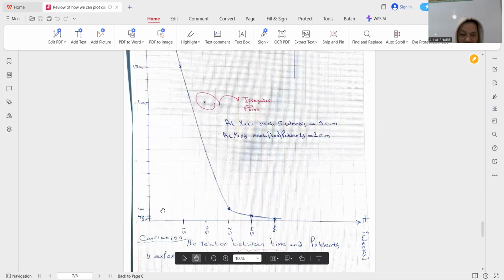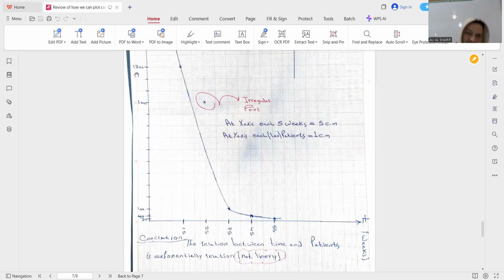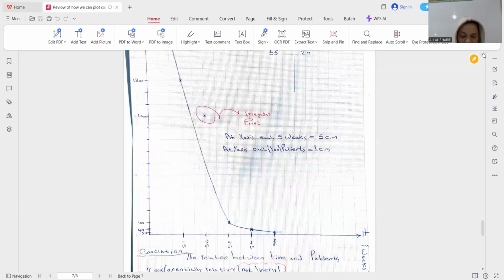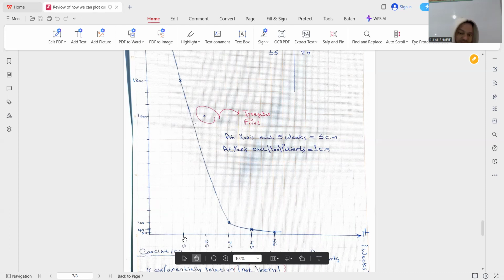Here, every 1 centimeter was equal to 100 patients. By that, 13 centimeters equal 1,300. And every 1 centimeter was equal to 5 weeks. By that, these numbers are put here using their two-dimension positions from x and y, so this relation is clear.